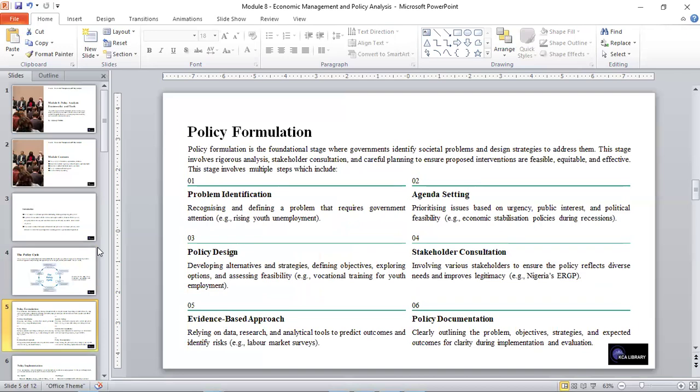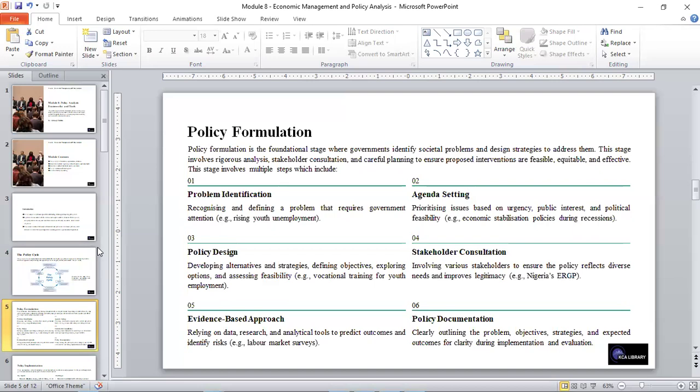When we talk about policy formulation, it is the foundational stage where government identifies societal problems and designs strategies to address them. This stage involves rigorous analysis, stakeholders consultation, and careful planning to ensure proposed interventions are feasible and equitable and effective.